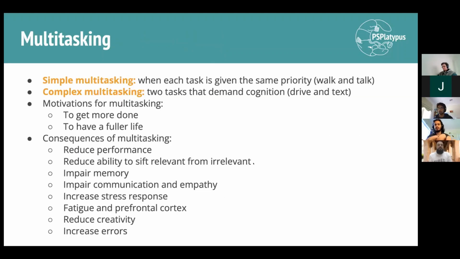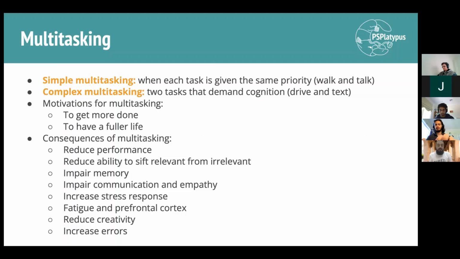And then we have multitasking. There are two types of multitasking: simple multitasking, when each task is given the same priority, so walk and talk, we can call them simple tasks. We can combine these two.